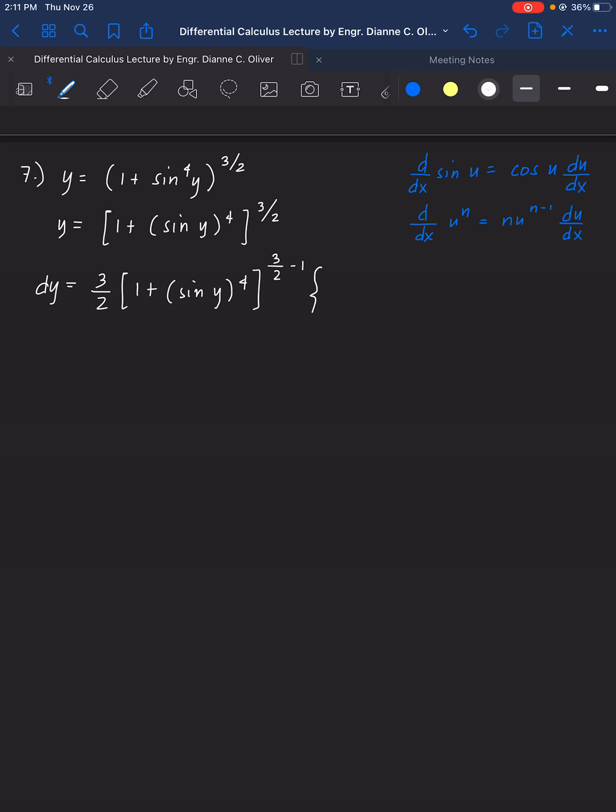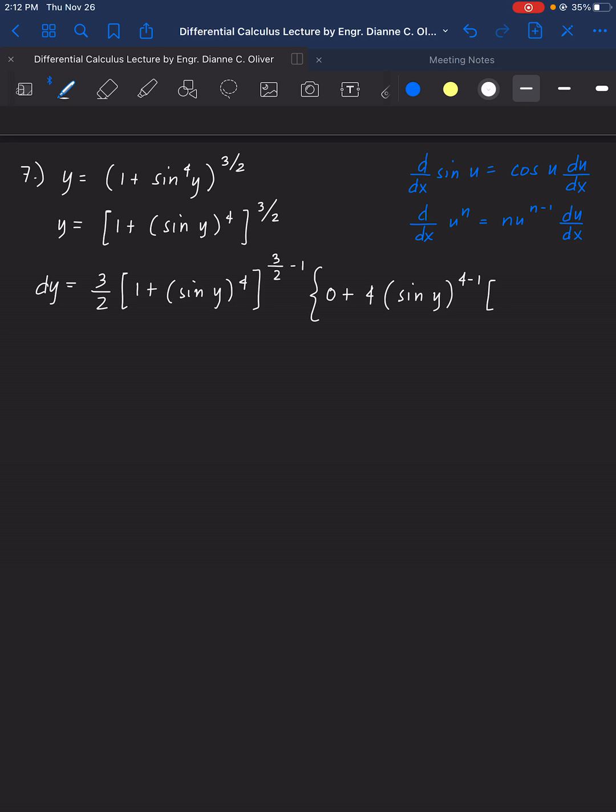So let's derive what is inside here. The derivative of 1 is 0, plus the derivative of sine y to the 4th, another power formula. So again, bring down 4, copy u, sine y, 4 minus 1, then the derivative inside.